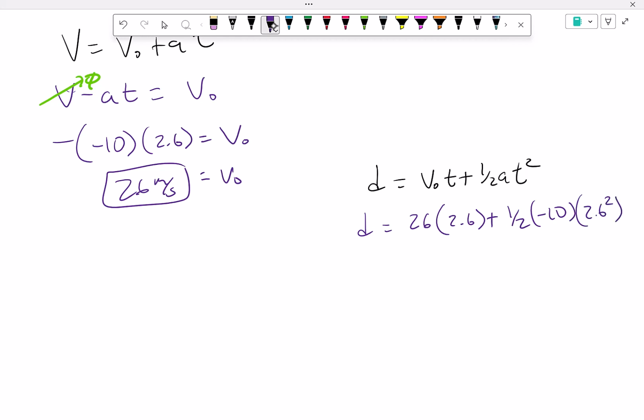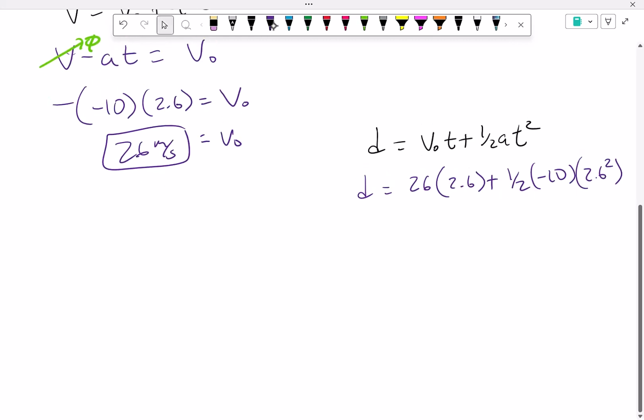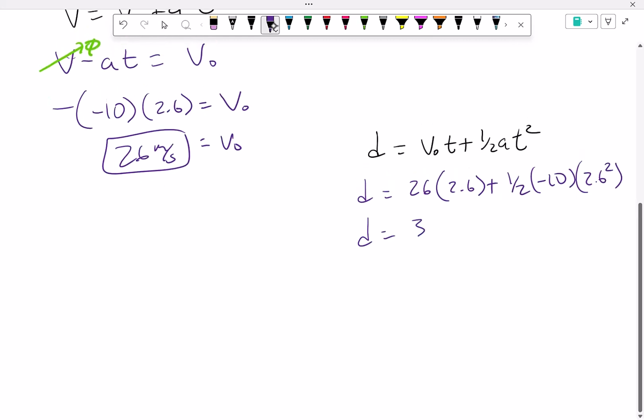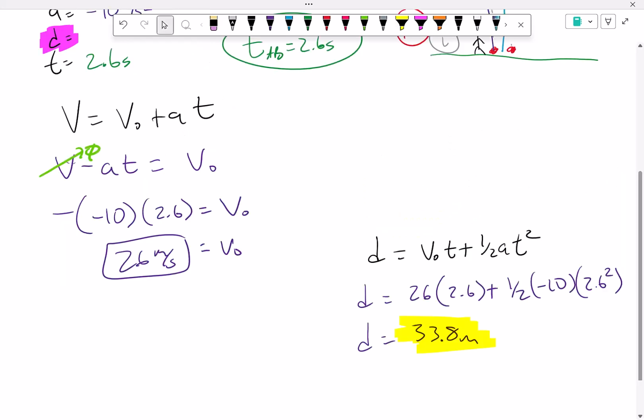So that's going to be 2.6 squared times -5 plus 26 times 2.6. I'm getting 33.8. So I hope that's right. If not, yell at me.